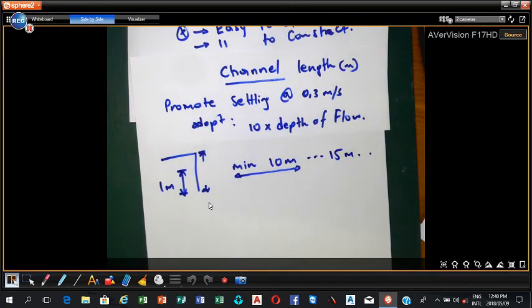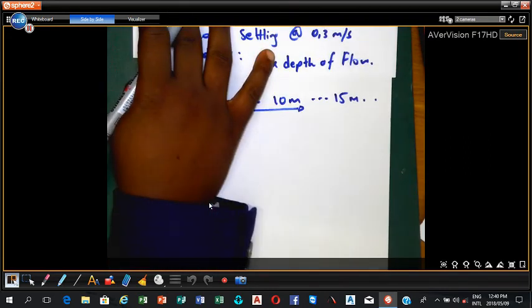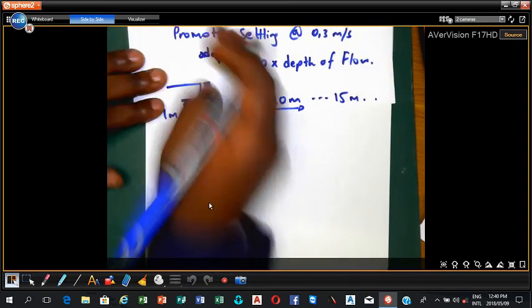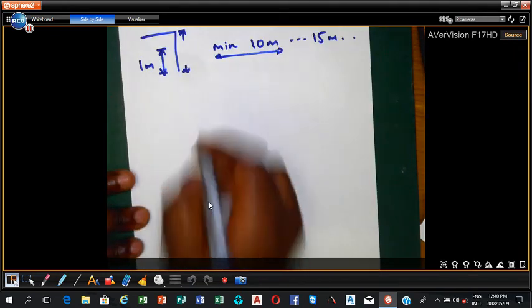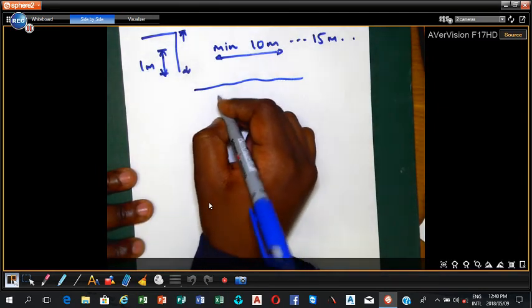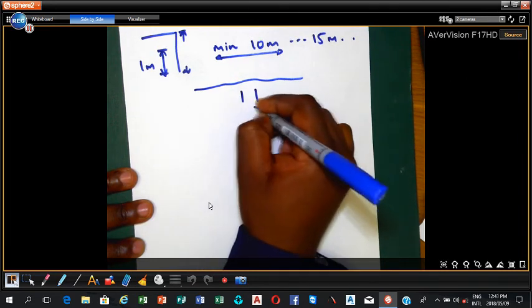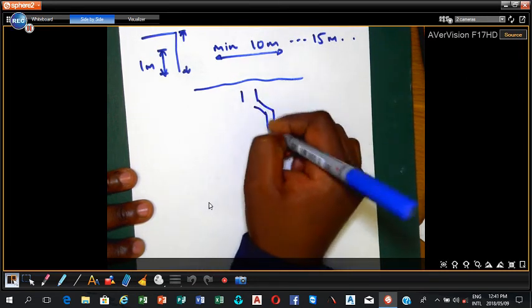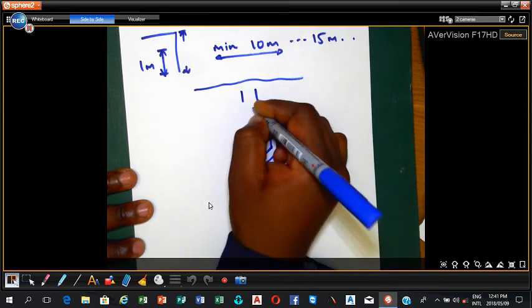Right. So now, most designers, most engineers tend to design these grit channels in terms of two.